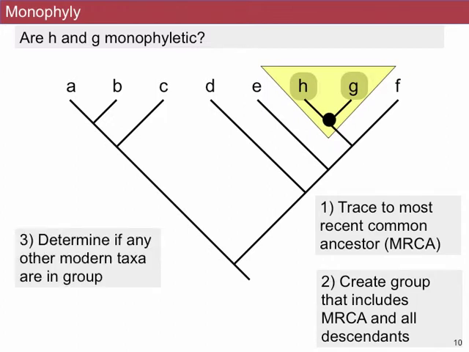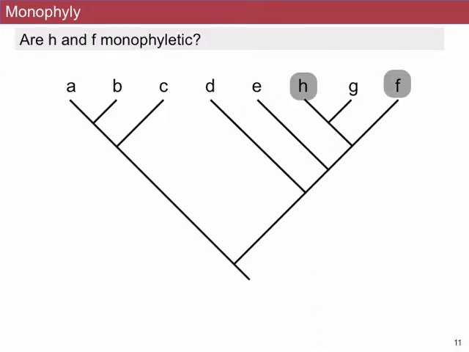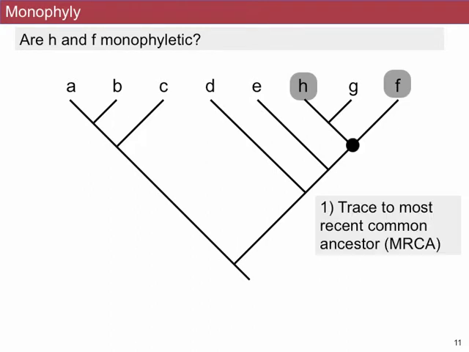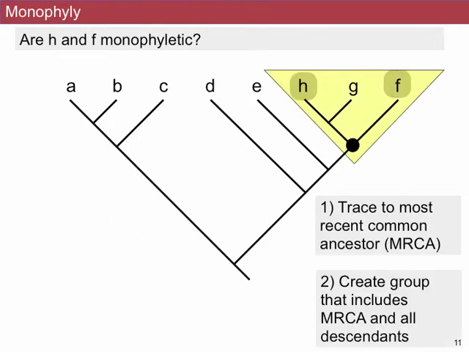Okay. So then, you can extend that to saying are H and F monophyletic? You do the same thing, you find their common ancestor, and for this particular case, if we knew that G existed and G was there, H and F are not monophyletic with respect to the other taxa that we're studying here, because we can't draw a grouping around them and exclude everything else.